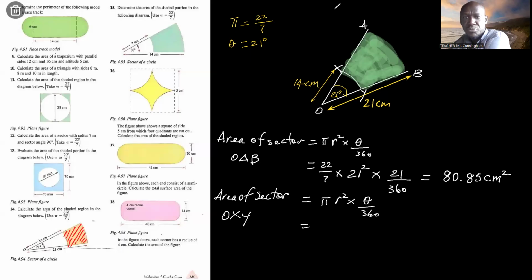Oh, the shaded portion. That's not what I got, Naomi. It's 80 point something. No. Naomi, try that again.